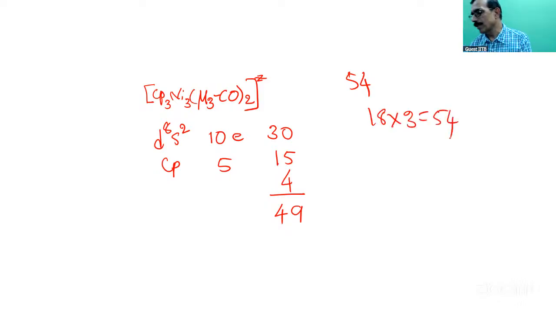Because if it satisfies the 18 electron rule, it should be 54. So now how much deficiency is there? Three metal-metal bonds you can consider, so 3 electrons will come.